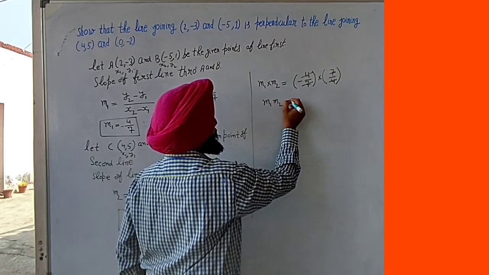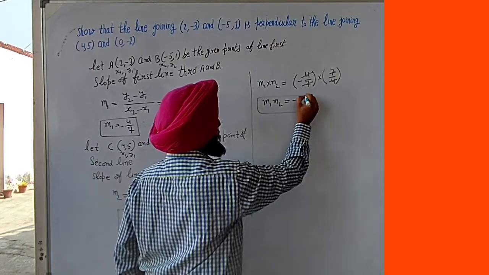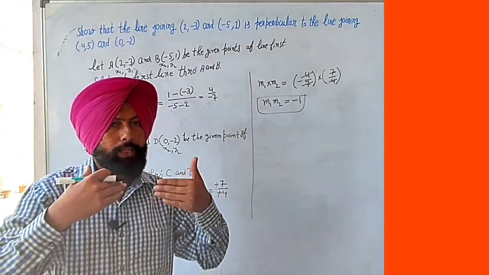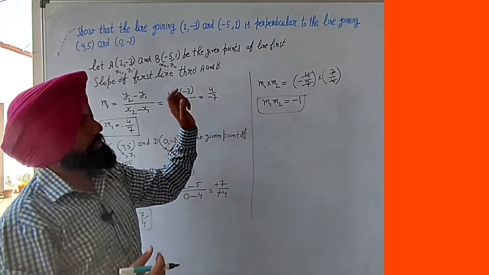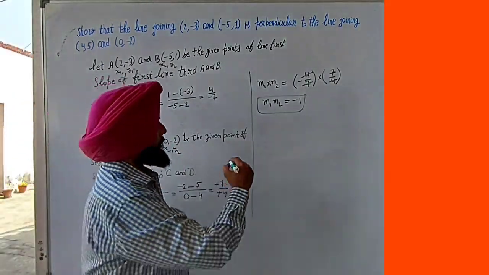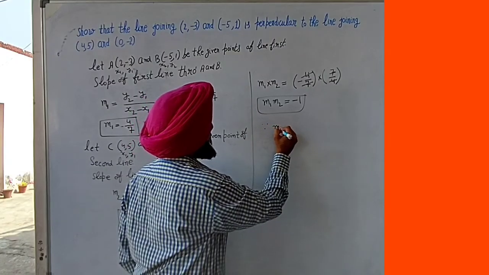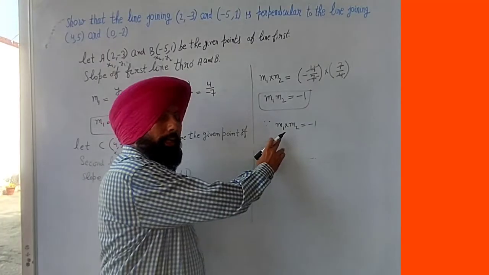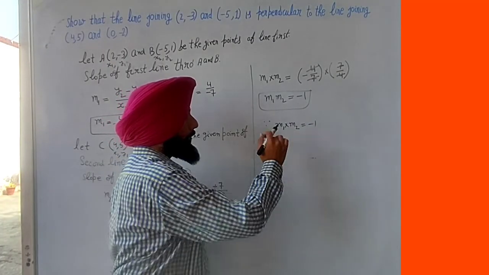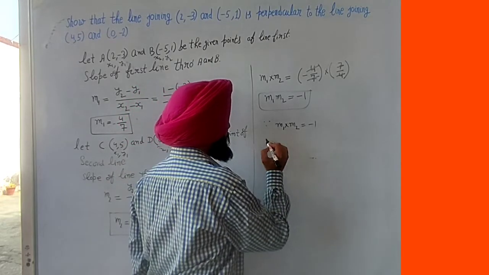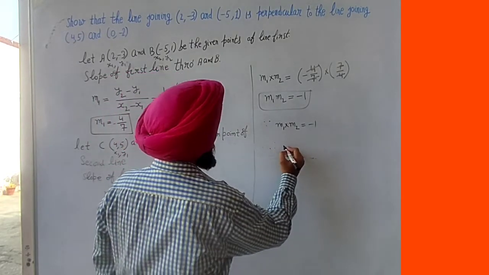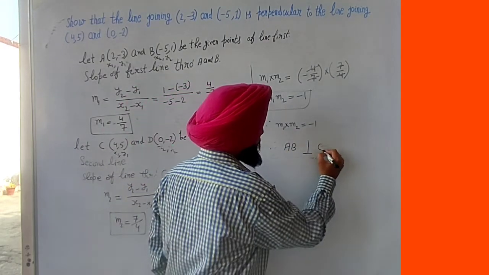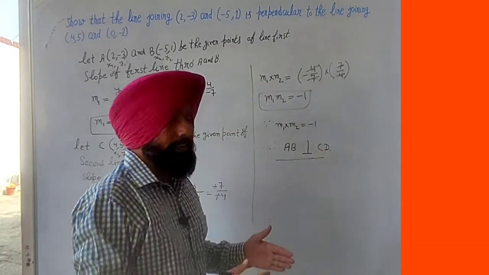M1 M2 equals negative 1. We know when the multiplication of slopes of lines equals negative 1, that means the given lines are perpendicular, because M1 multiplied by M2 equals negative 1. Therefore AB is perpendicular to CD. Hence the result.